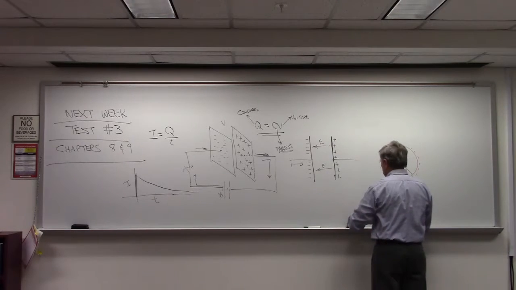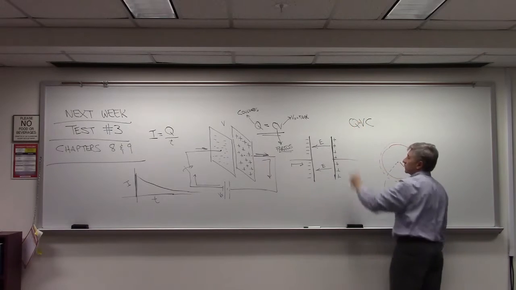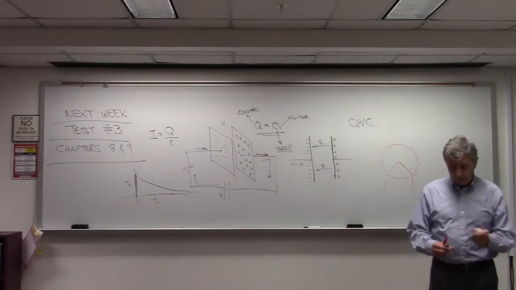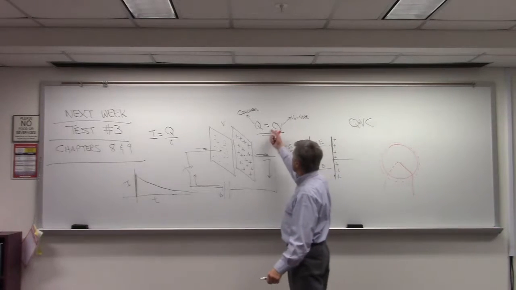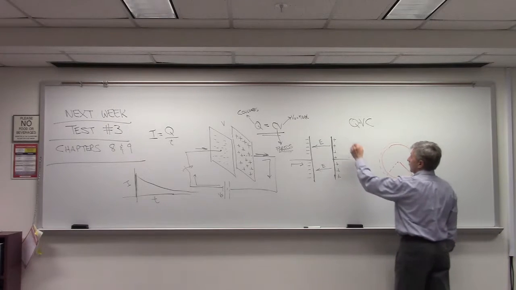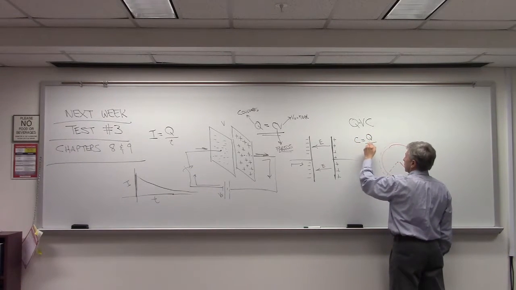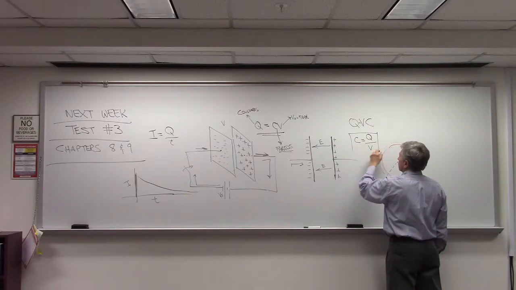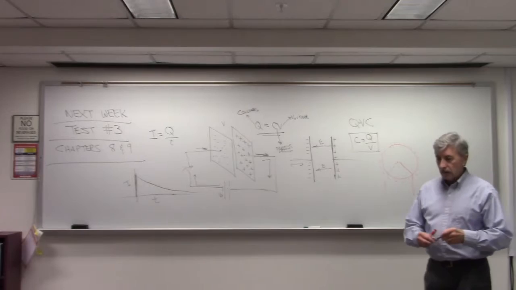So I start out with QVC, and then I just put my equal sign there. That's the same formula. In the book, though, it's Q equals C times V. So capacitance is nothing more than a measure of the amount of charge versus the voltage.